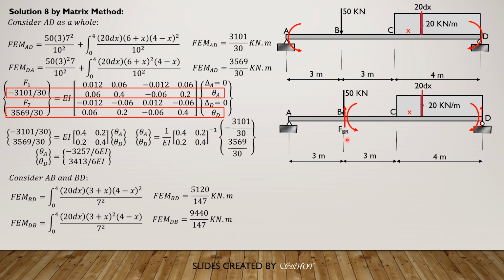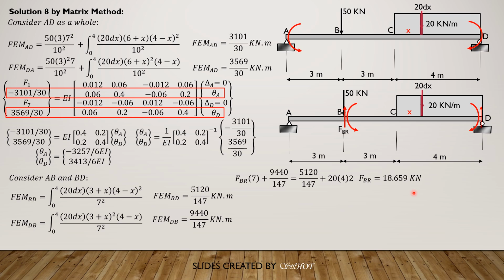So let's solve for this FBR, because this is added as part of the 50 kilonewton load at joint B. So summation moment about D equals 0. So FBR times 7 plus this moment here, 9440 over 147 equals 5120 over 147 plus 20 times 4 times 2. So solving for FBR, it is equal to 18.659 kilonewtons.